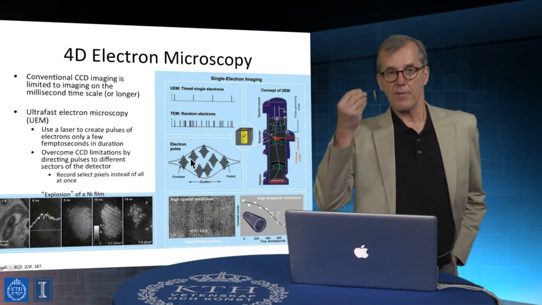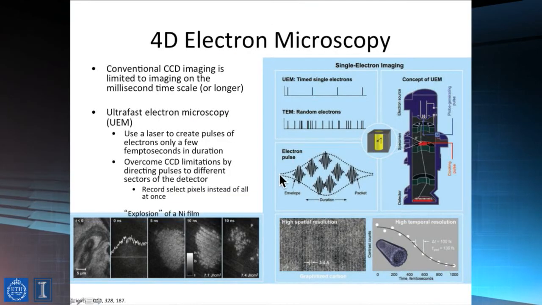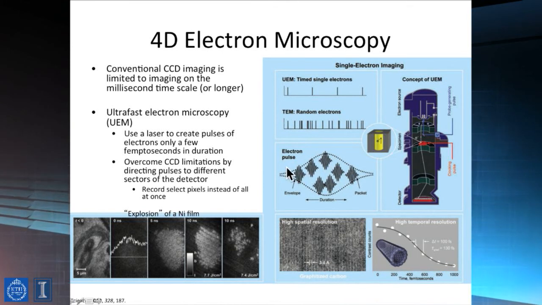So rather than having a steady beam of electrons, what we have are little pulses of electrons where we can do the event with time resolution that can actually go into the pico to femtosecond time scale, right? And that actually is shown here, high temporal and spatial resolution.